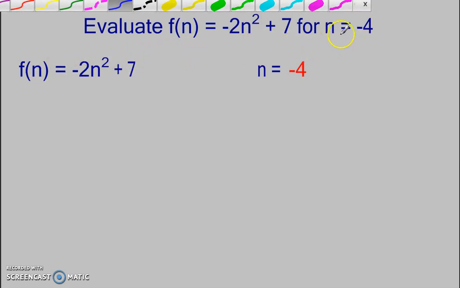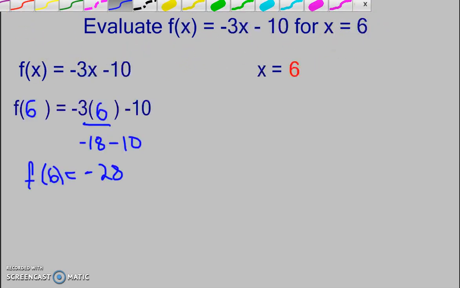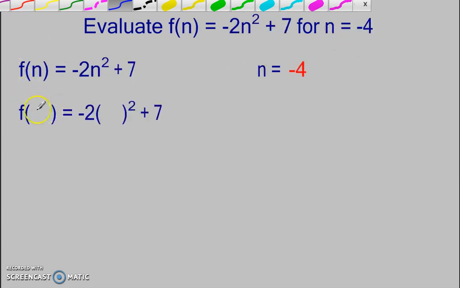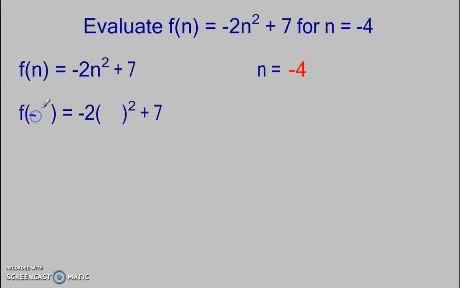Evaluate f of n, for n is negative 4. So I have n is negative 4. I'll replace n with negative 4, and then evaluate. The first thing I have to do is evaluate the exponent, because this exponent applies only to the n, only to what's directly in front of it. So that's negative 2 times positive 16.